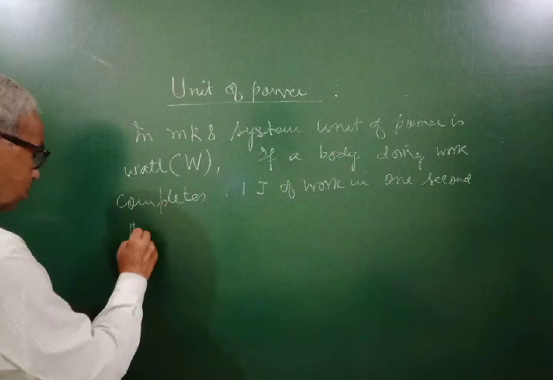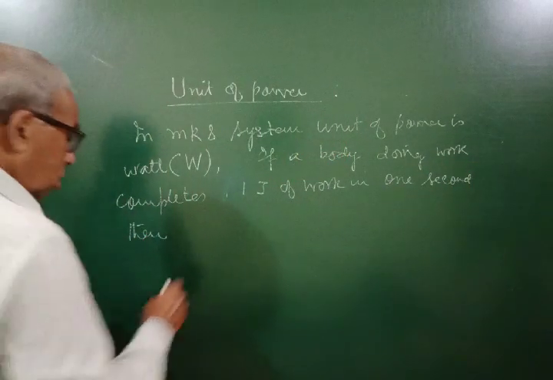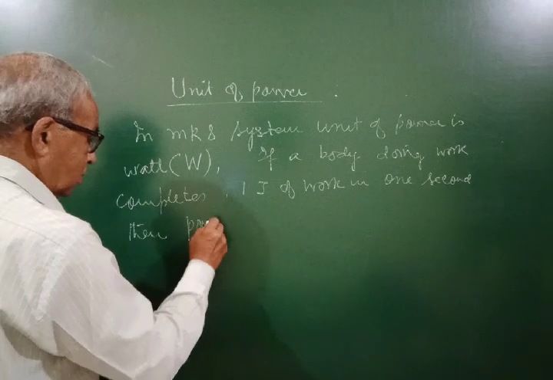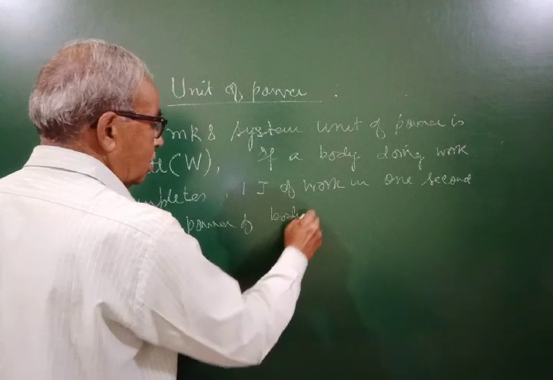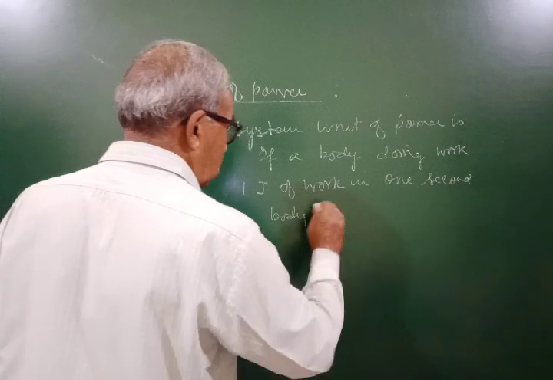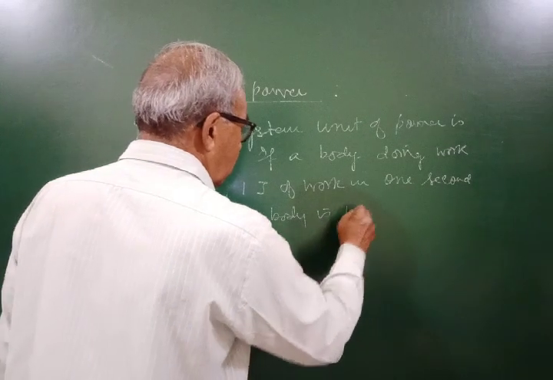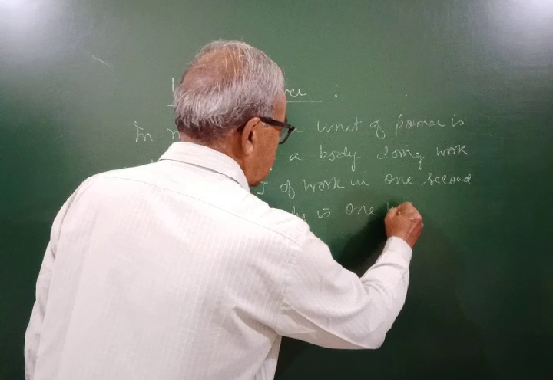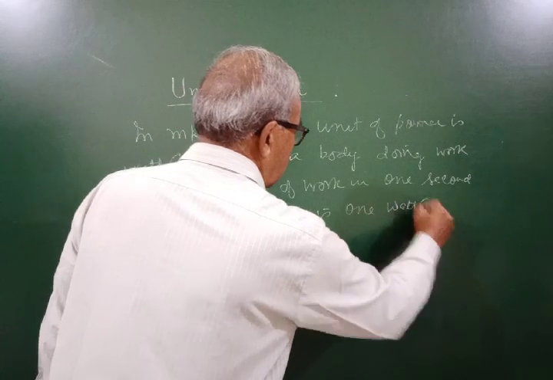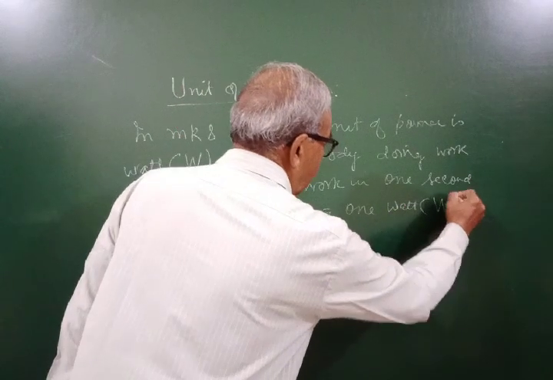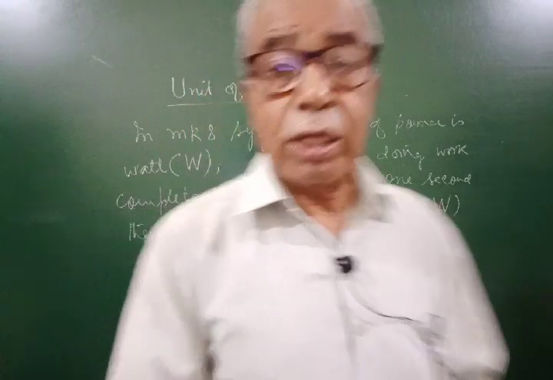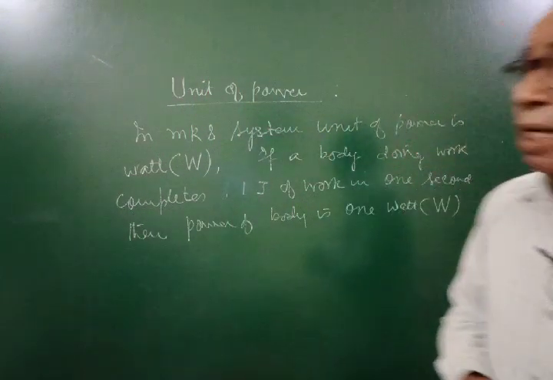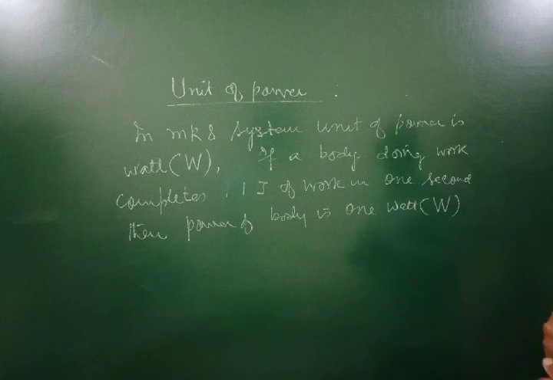If a body completes 1 joule of work in 1 second, then the power of the working body is 1 watt, capital W.